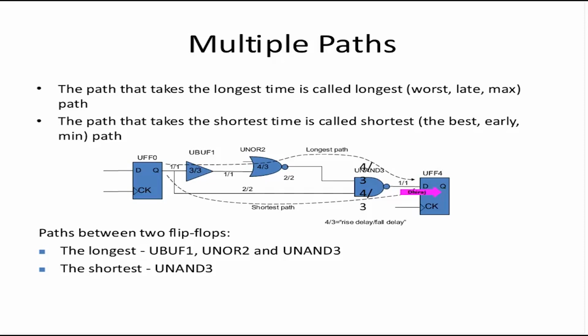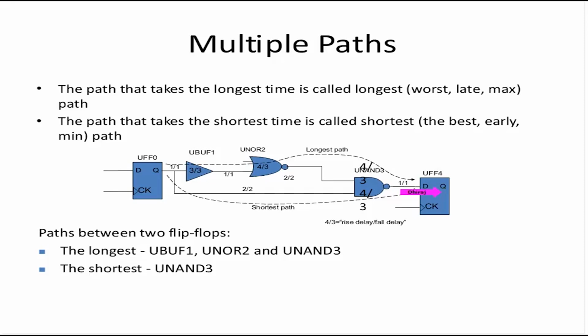Any design you do, you will find that between two registers, or input to register, or register to output, there might be multiple paths. Not just two paths, there can be 10 paths, there can be 20 paths.